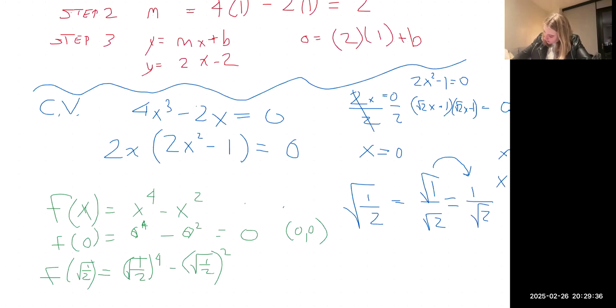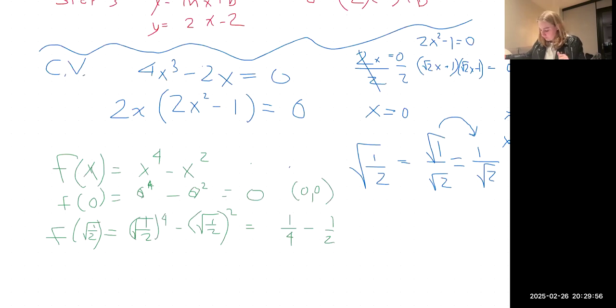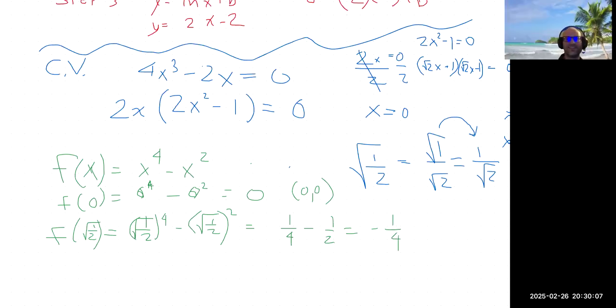So I have to plug in plus or minus 1 over the square root of 2 into the original. Okay, I'm having a little hallelujah moment. f of x equals 1 over square root of 2.